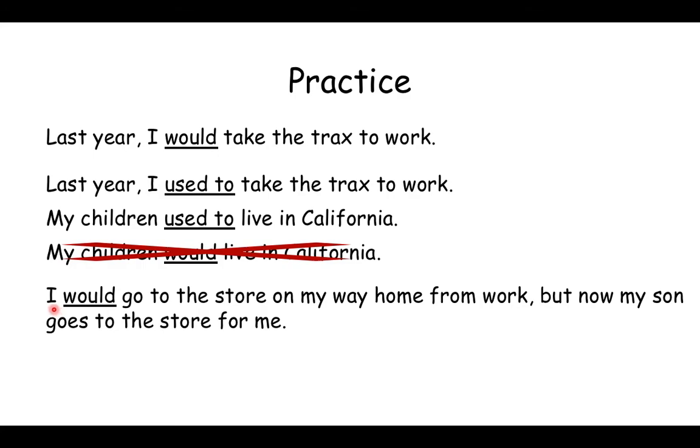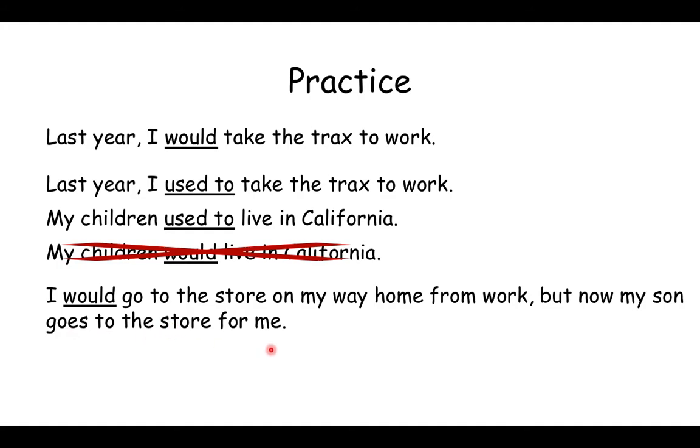This sentence says, I would go to the store on my way home from work, but now my son goes to the store for me. So this sentence is long. We're going to read it again. I would go to the store on my way home from work, but now my son goes to the store for me.